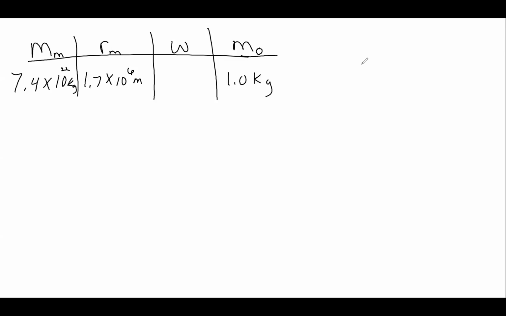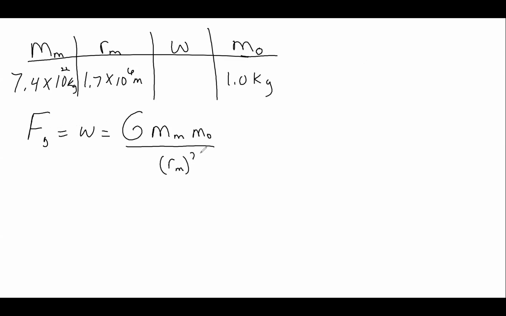If you're having problems, the equation you're solving is F sub G, which is the weight, which is big G times the mass of the moon, the mass of the object, divided by the radius of the moon, and that has to be squared.